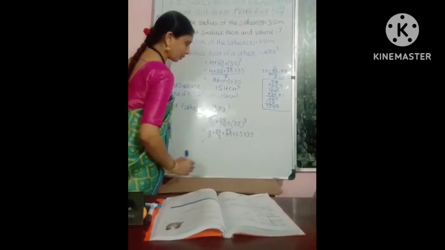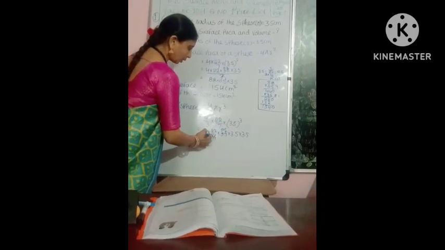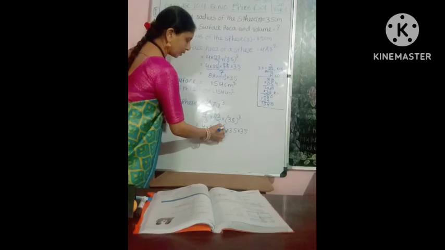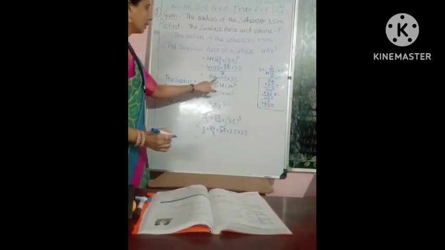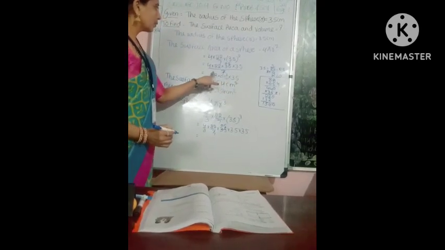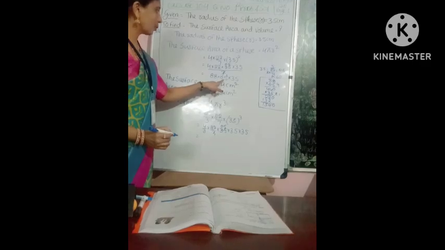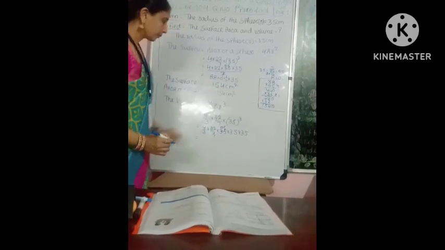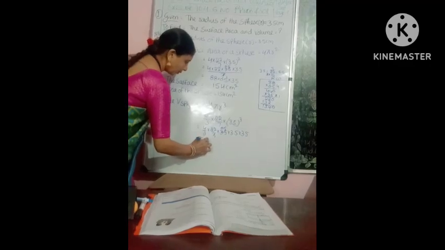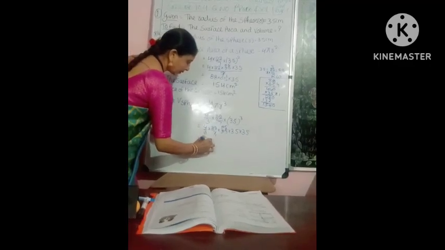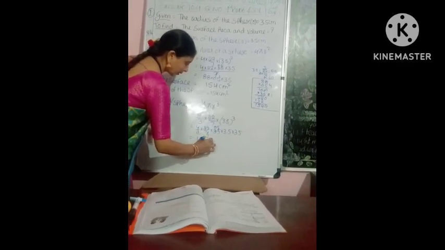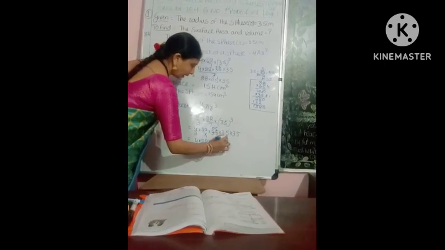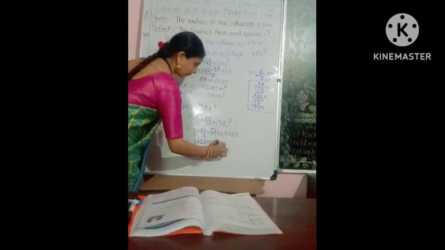Next, product of 4 into 22 is 88. 88 into 0.5, we already know that value, is 44. Once again we write this part: 0.5 into 3.5 into 3.5.